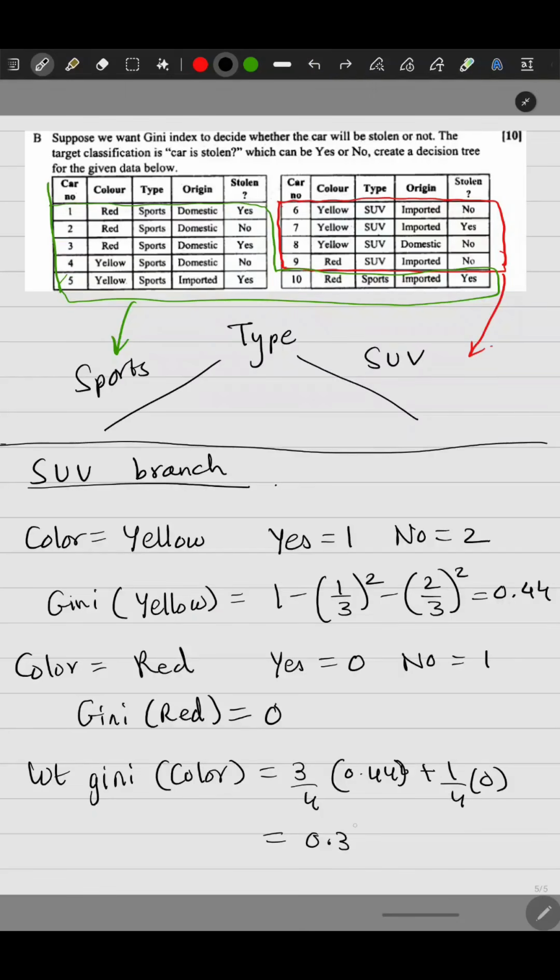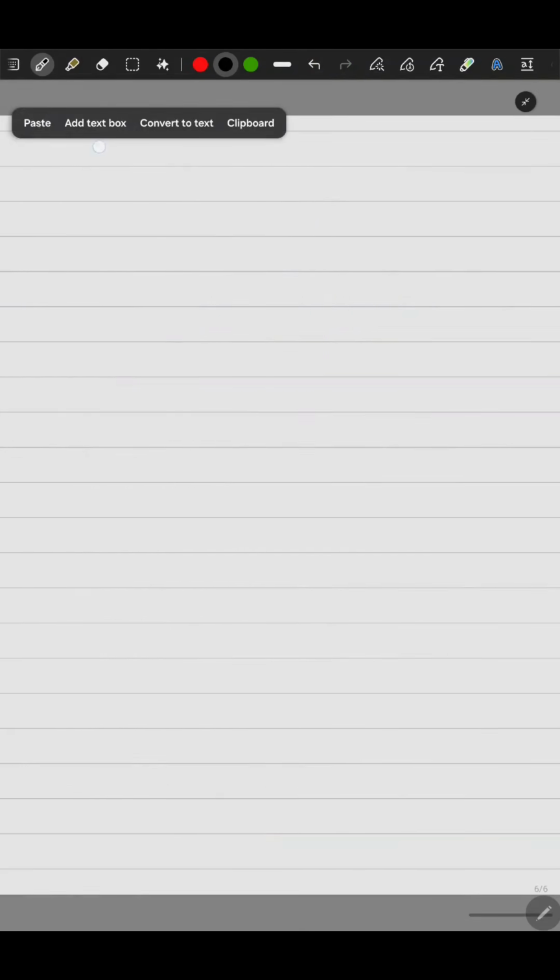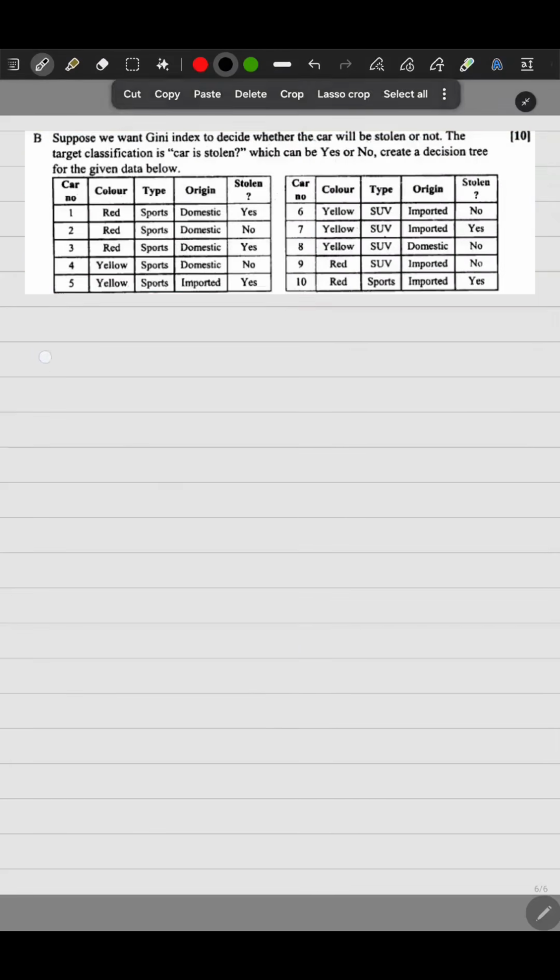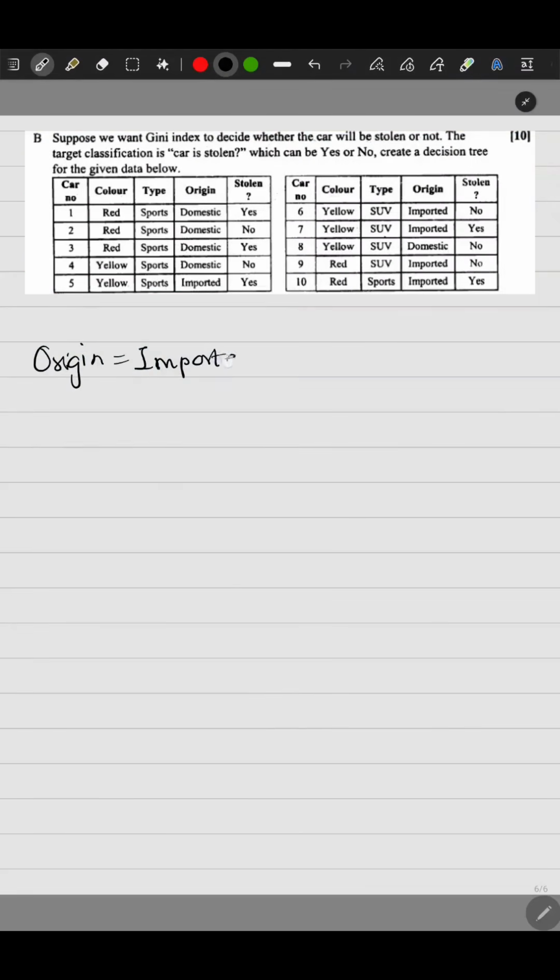Okay, so origin equal to imported. There are 3 cars. Let me paste the table again over here. Origin equal to imported, and again what am I dealing with over here? Only this particular small tiny subset, right?